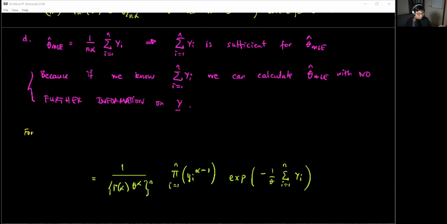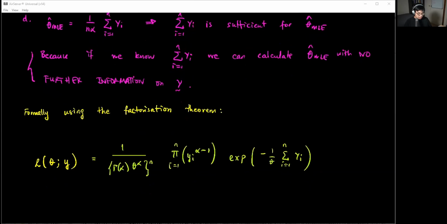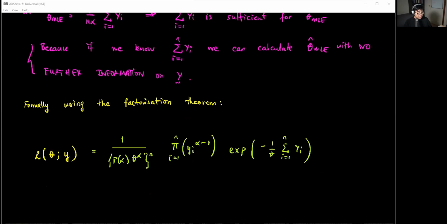So this is formally using the factorization approach. So this is your likelihood here.